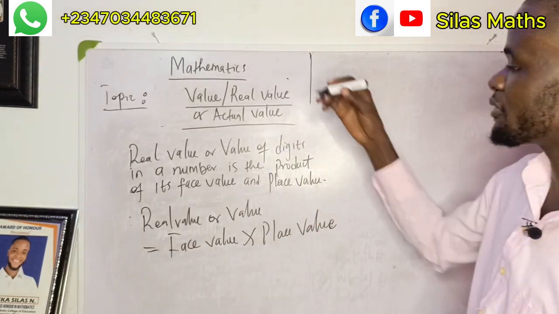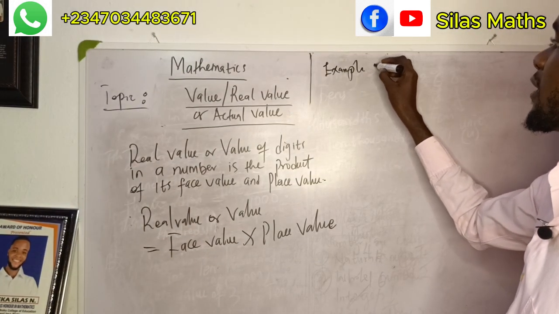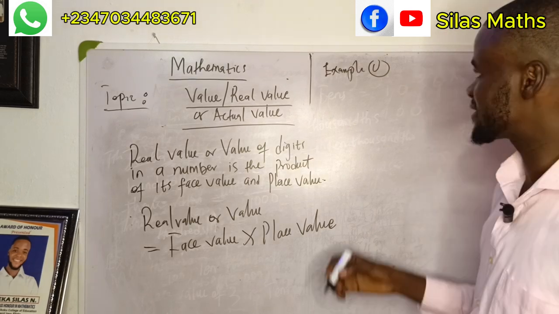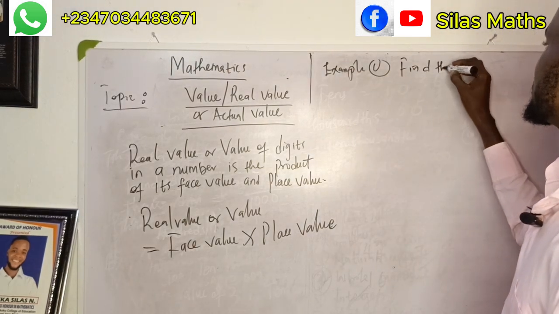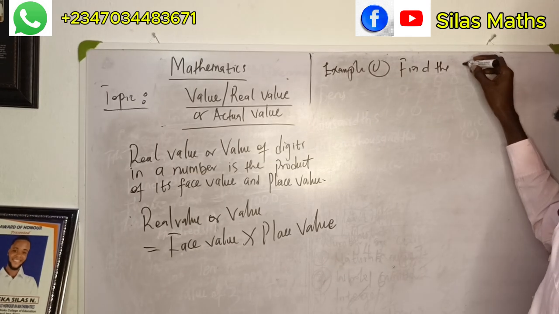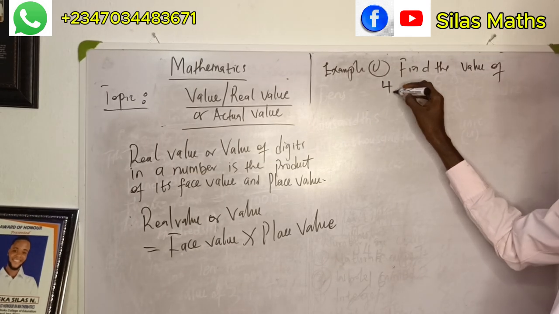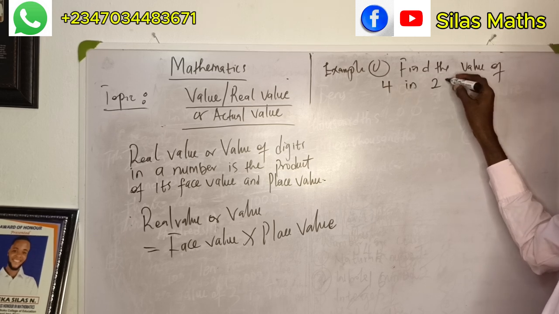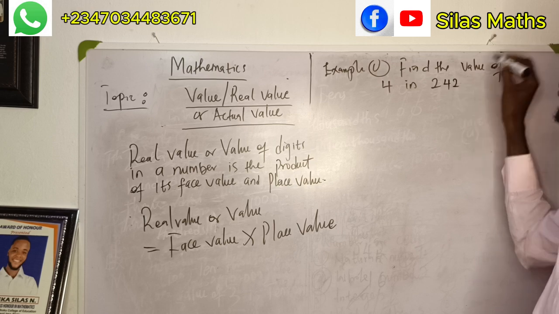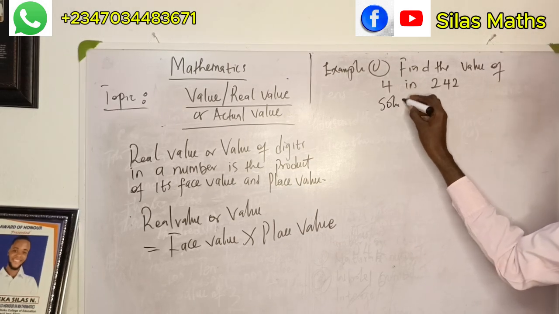All right, so let's take example one, which reads: find the value of 4 in 242. All right, so solution, that is very simple.